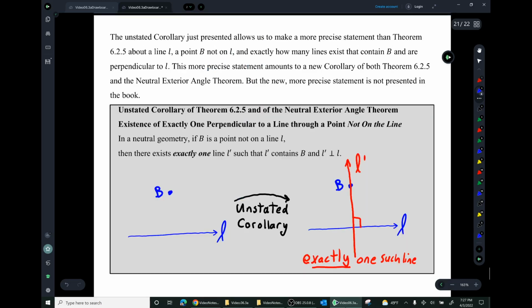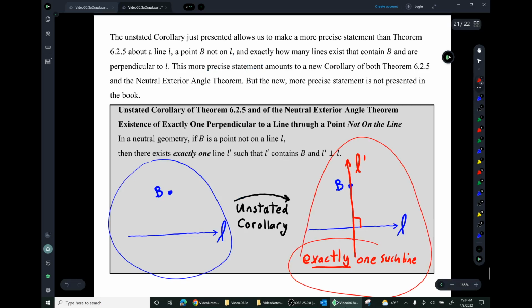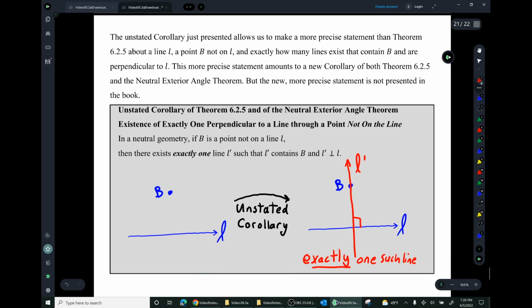So the corollary is this, that in this situation where B is not on line L, there is exactly one such line. So this is really a corollary of two things. It's a corollary of that earlier theorem that says that there exists at least one line, and it's also a corollary of the neutral exterior angle theorem, which says there cannot be more than one. So therefore, there's exactly one line.